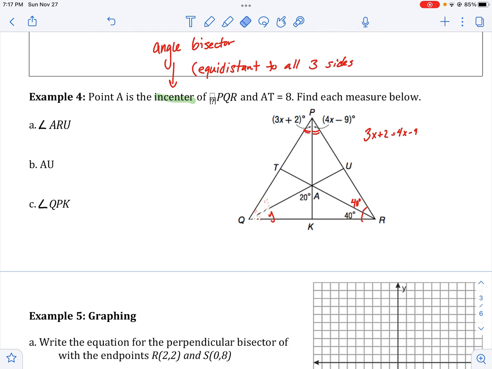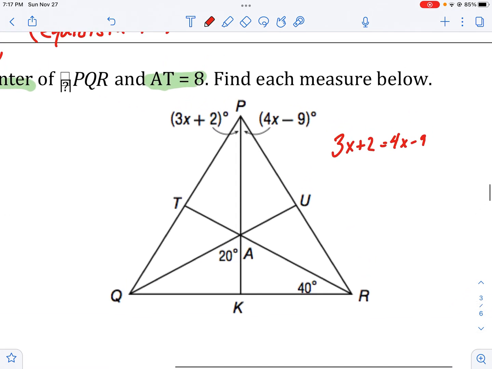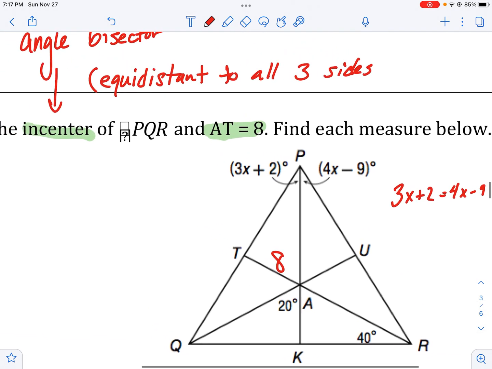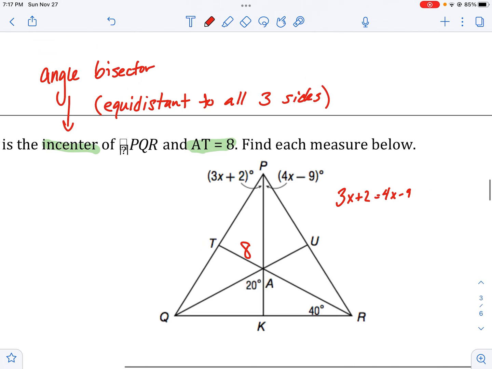Now let's talk about the segment lengths. They said that AT was 8. So AT was 8. And we found earlier that if it was an incenter, it must be on the angle bisector, so point A is on the angle bisectors, and it must be equidistant to all three sides.